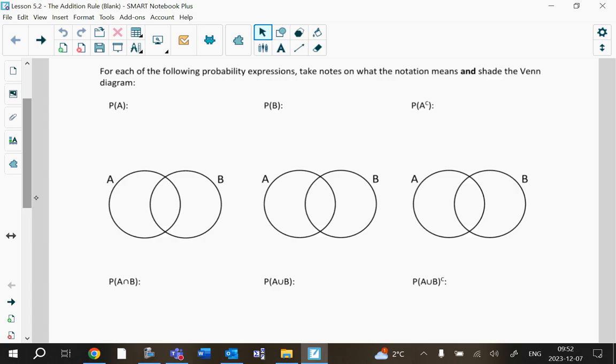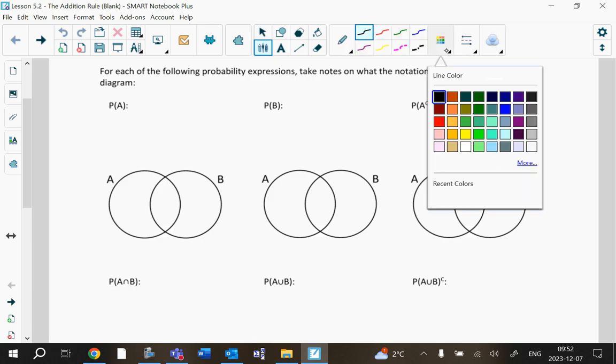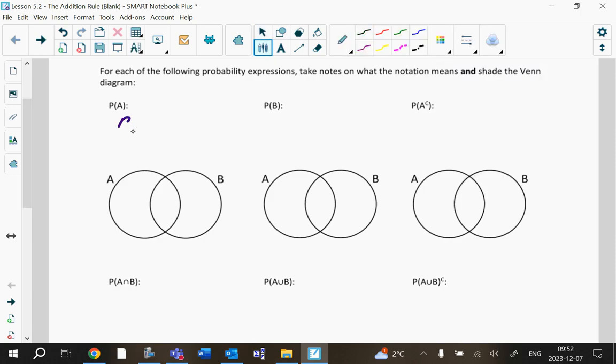So we're given some situation, we've got two events going on, A and B. The probability of A would simply mean the probability event A occurs. And similarly, the probability of B would be the probability event B occurs.